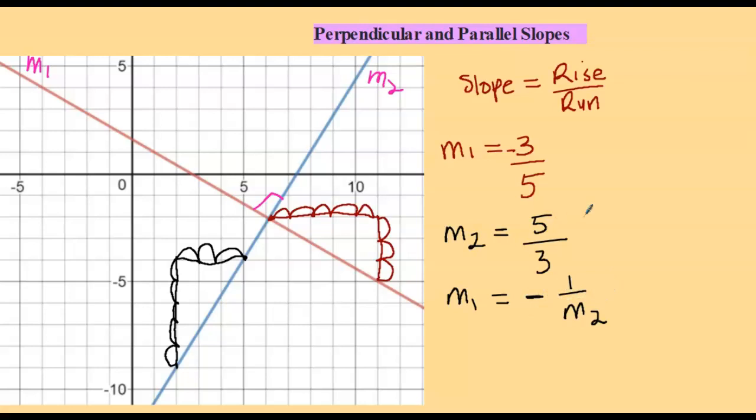Another thing we can do is that when we multiply m1 times m2, it has to give us -1.